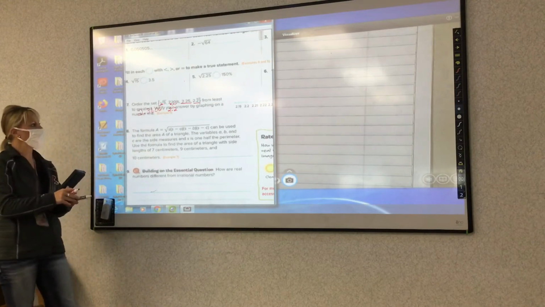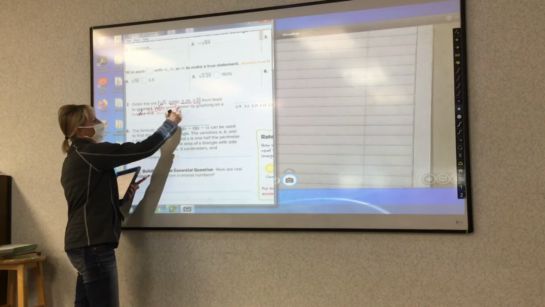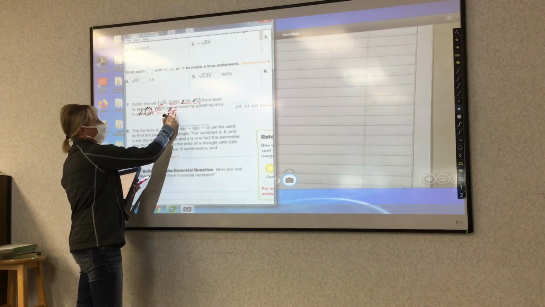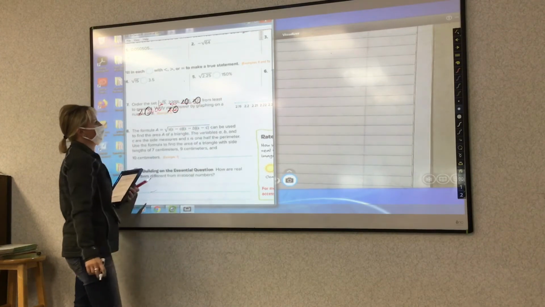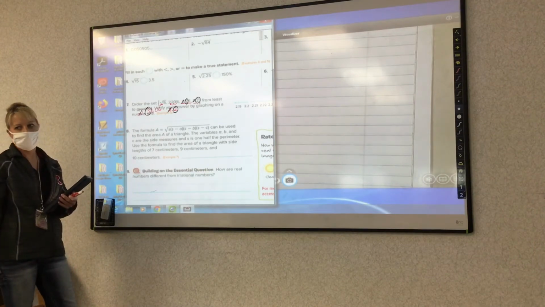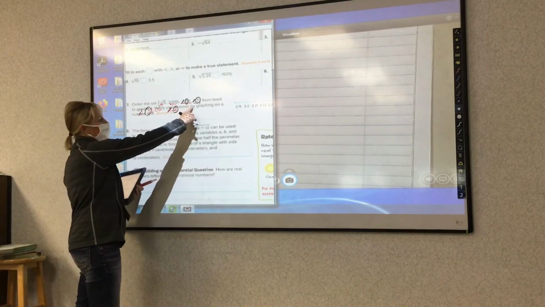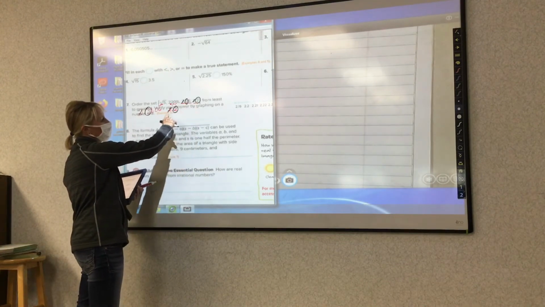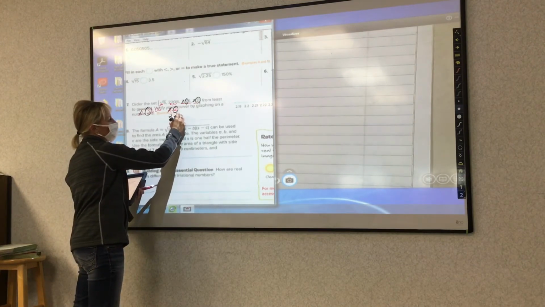Now when we compare, the ones place are all the same, right? Now we look at the tenths place. Well, 3 of them are the same, right? 3 of them are 2, so now for the 2, I have to decide which one's the smallest. 2.2 would be like 2.20.